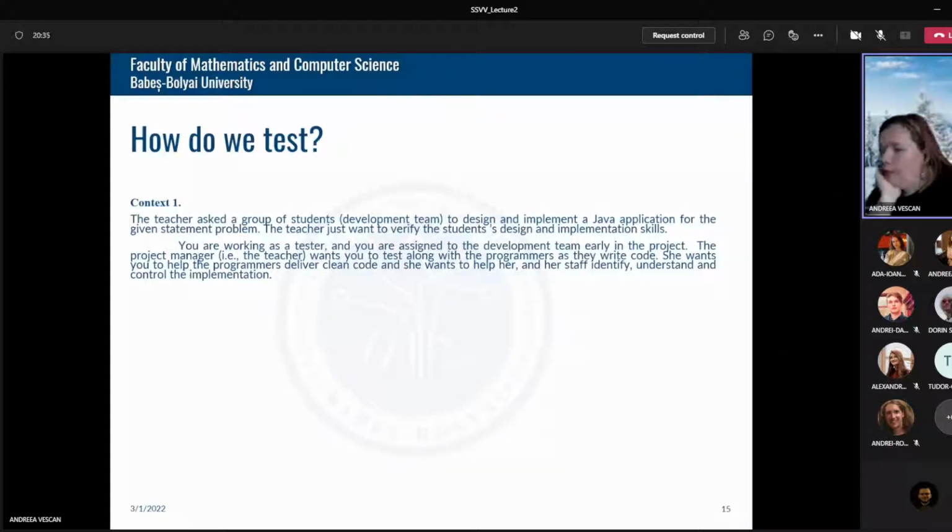So what do you think? What is the aim of you as a tester to work on this context? What do you need to do? Anyone?